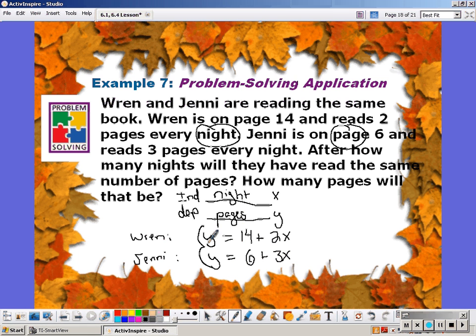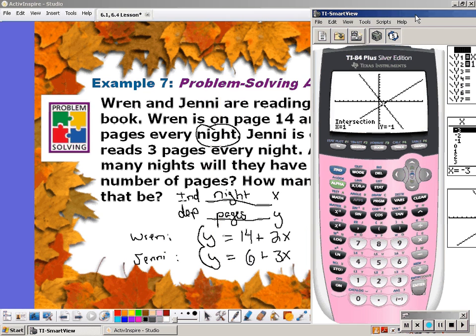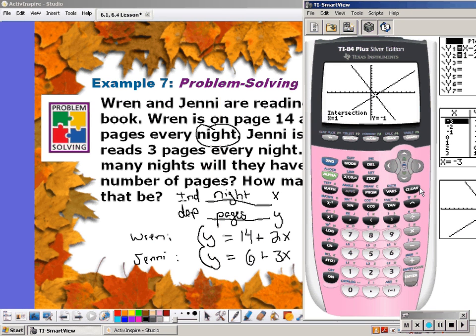Okay, so let's find out what numbers for Y and X can we plug into both of these equations to make it true. I don't feel like doing that out by hand, so let's get out our calculator. Okay? So we go Y equals, clear whatever's in there.